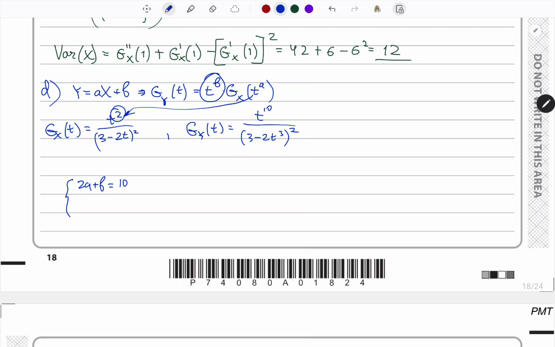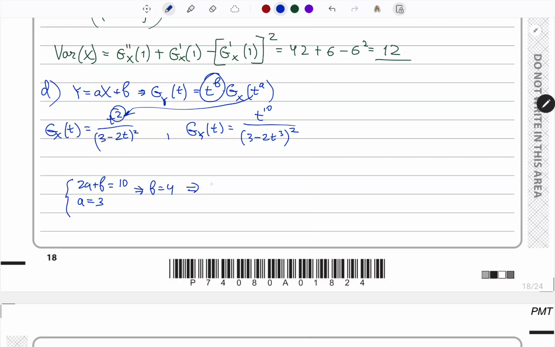And then let's see what is happening at the denominator. When you replace t with t to the power of a, t now is t cubed. So it means a is 3. Put it in the first equation, and b is automatically 4.